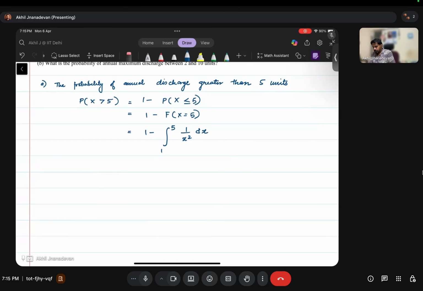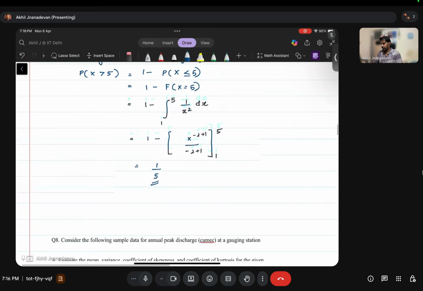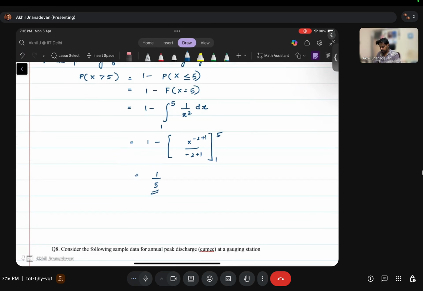Okay, so if you solve this, it will be 1 minus x raised to minus 2 plus 1 over minus 2 plus 1 within the limits 1 to 5. If you substitute the limits, finally we'll be getting 1 by 5. Simple integration, so you'll be getting 1 by 5.